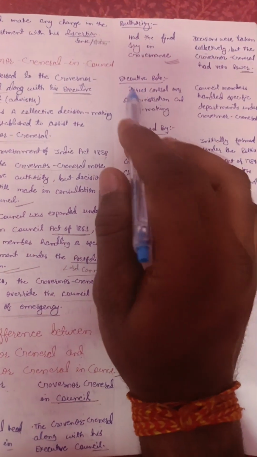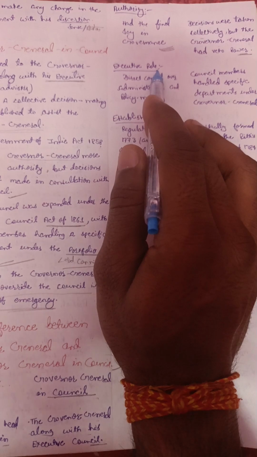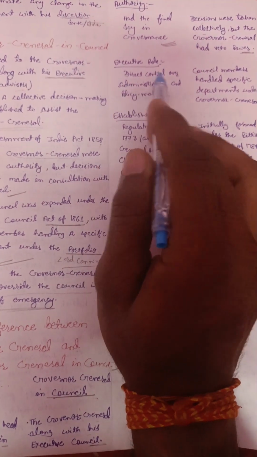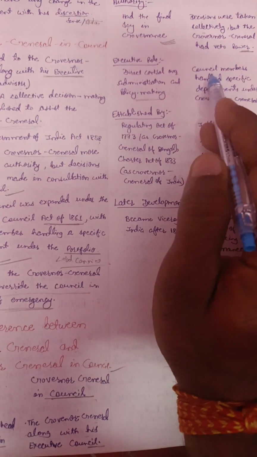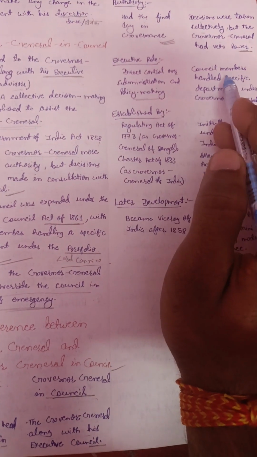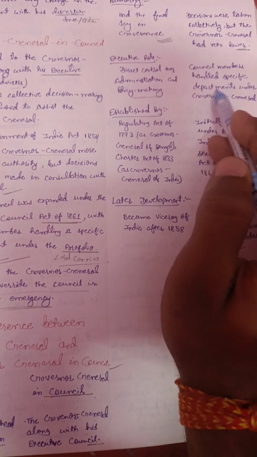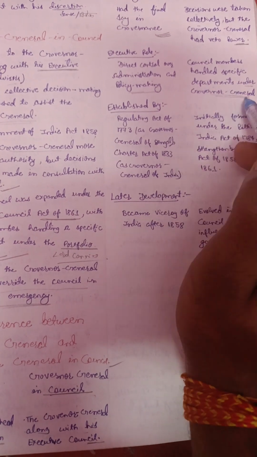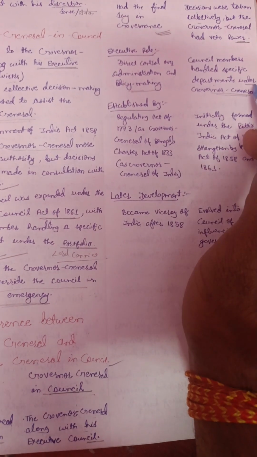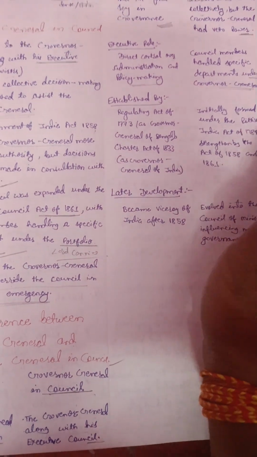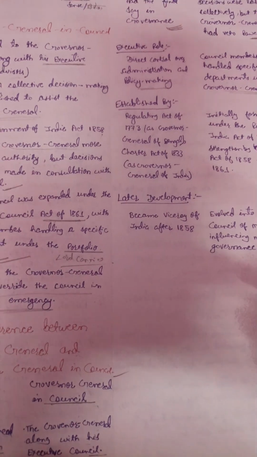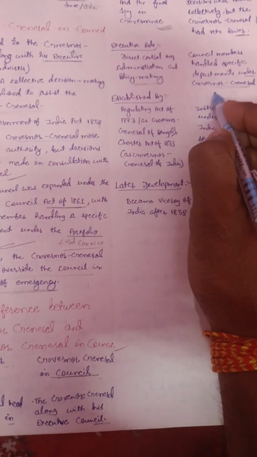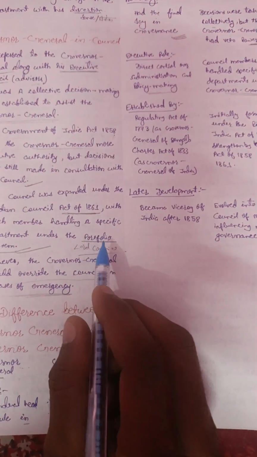Secondly, let's compare executive roles. The Governor General has direct control over administration and policy making, and in the Governor General in Council, members handle a specific department under the Governor General, like land transport, business minister, foreign minister, that type of thing, which was developed in the portfolio system, as we have seen here.